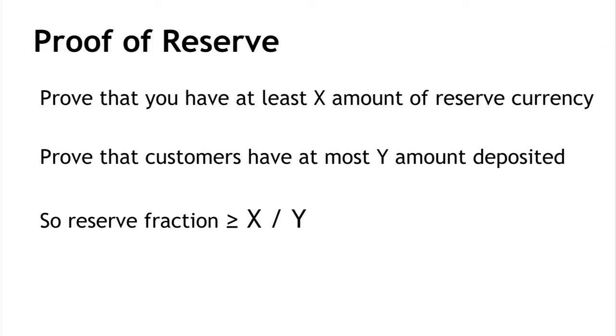So what that means is that the reserve fraction is, if they report it exactly accurately, X over Y. If in fact X is larger, then the reserve fraction is larger than they're claiming. Or if Y is smaller, then the reserve fraction, because this is in the denominator, is also larger than they're claiming. And so when they prove an X and prove a Y this way, you can guarantee that the actual reserve fraction they're holding is at least as big as what they're claiming, and therefore they can prove a reserve to you.